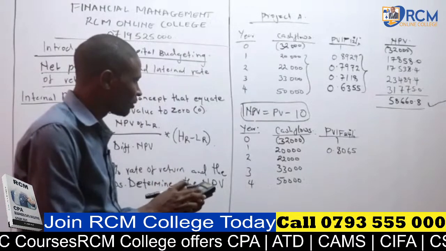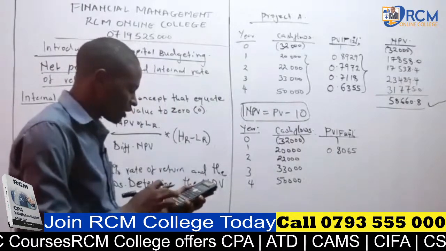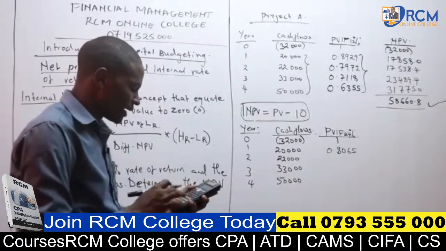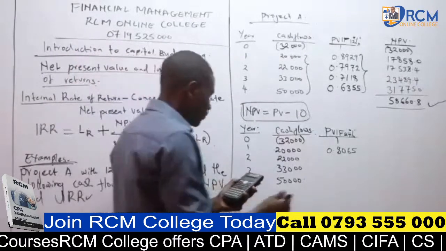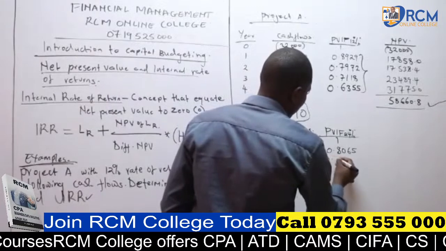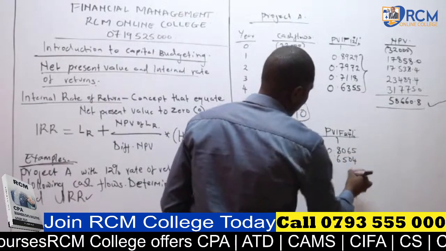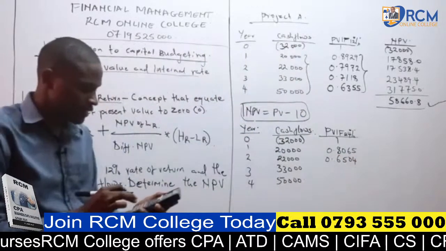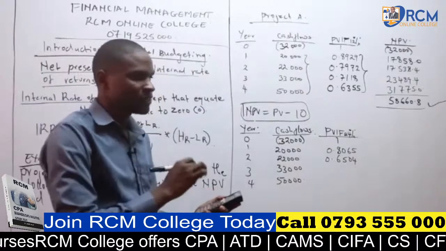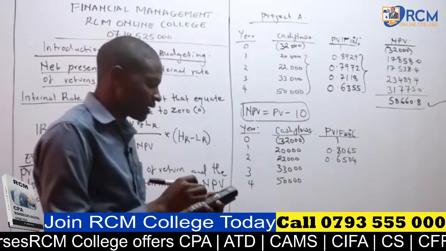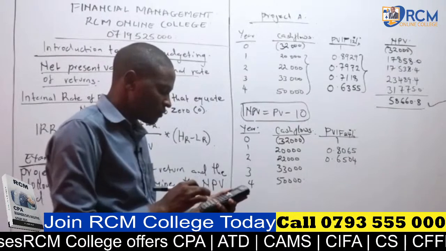Now 1.24 raised to the power negative 2 is 0.6504. Then I have year 3, 1.24, remember our rate is 24%, raised to the power negative 3.